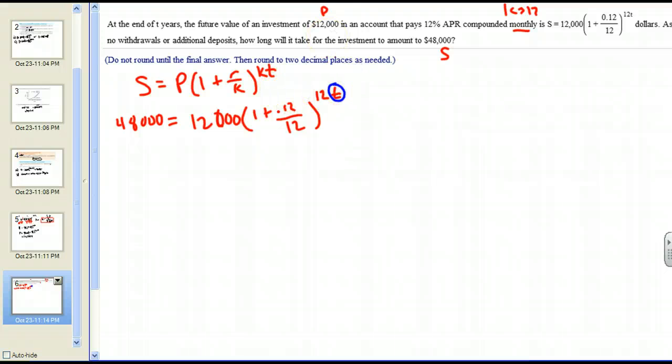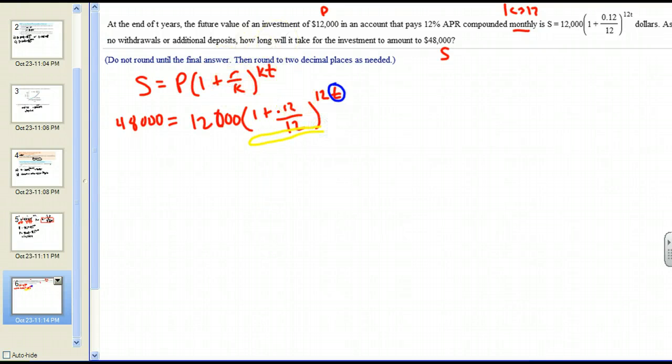Now, the way we're supposed to do this problem is isolate this exponential part. So we want to isolate the exponential, meaning we want to get this part over here by itself.